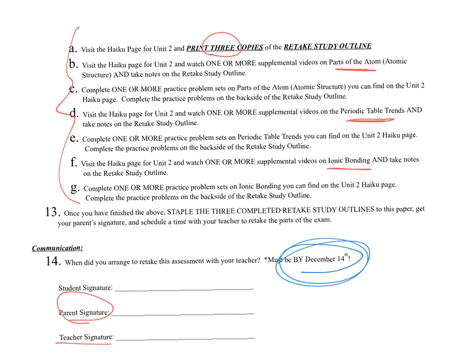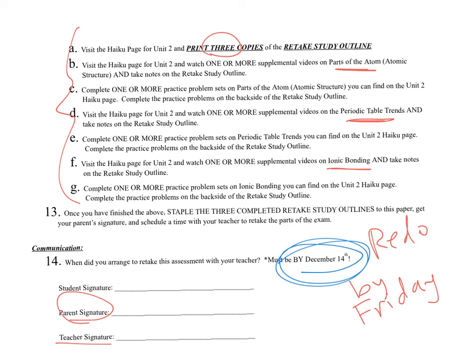One last thing, though, is for the CER. If you did not do well in the CER, you can redo the CER by Friday as well. What you'll need to do is just take a look at your checklist. All the things that have a little dash or a circle because it's missing and I couldn't find it in your CER, make sure that you understand what went wrong, and then you can come in before school at 7 a.m. You can come in at your lunch Wednesday, Thursday, Friday this week.